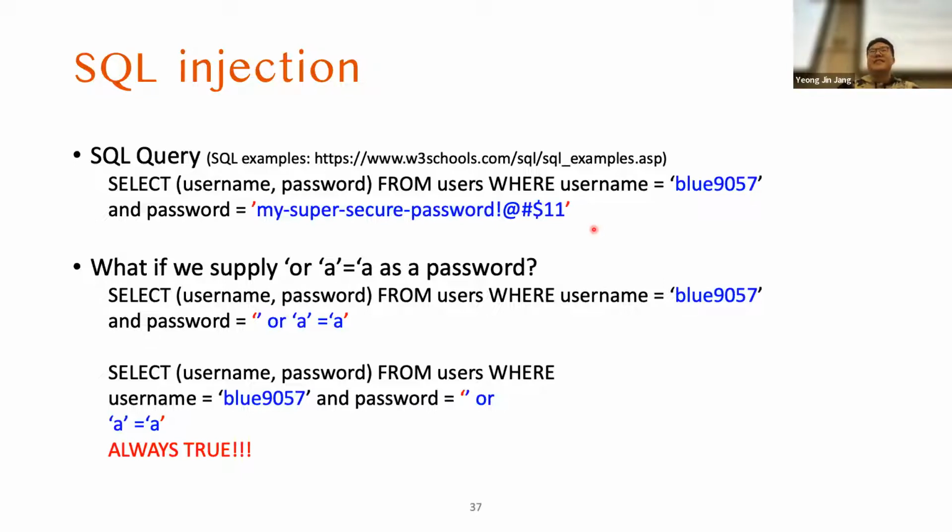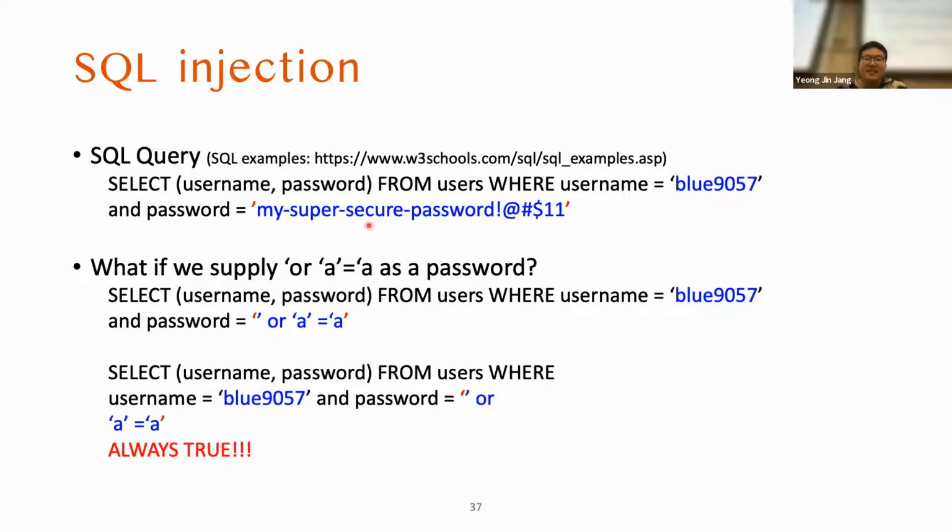If they can, in whatever manner, make this kind of SQL query return some valid data, then they can log in. So think about the part where we type the password, which is controllable by us. Then what if we supply these characters: quote or quote A quote equals quote A?